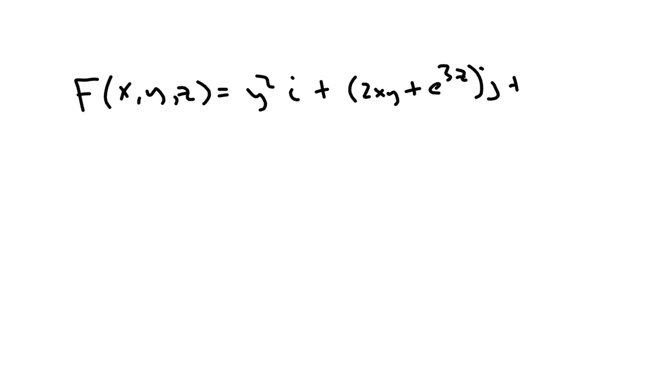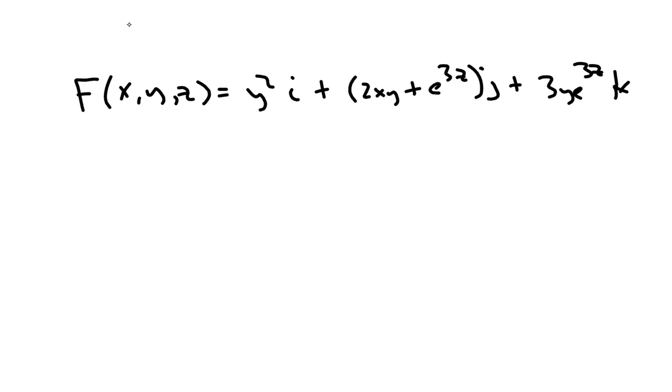Let's pretend we had a vector function of 3 variables, and this is what it looks like: y squared i plus 2xy plus e to the 3z times j plus 3y e to the 3z k.